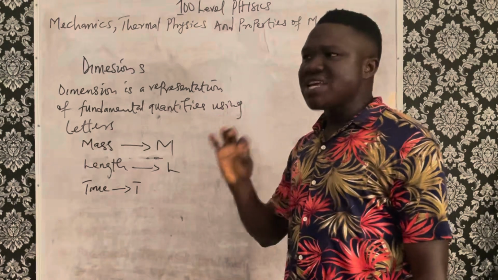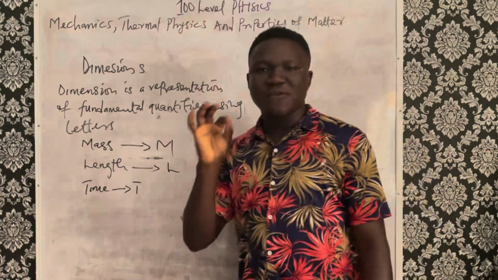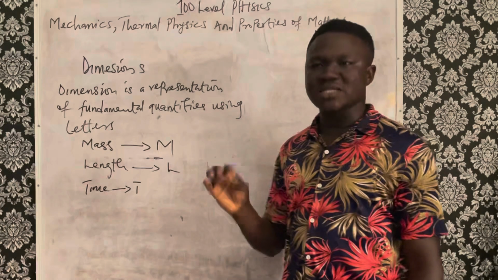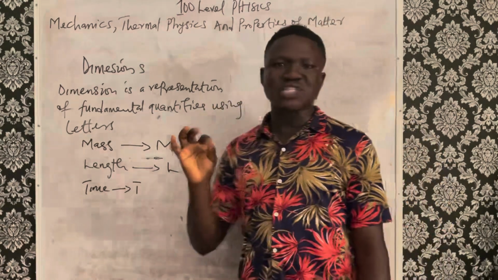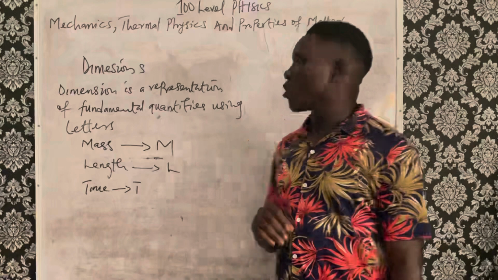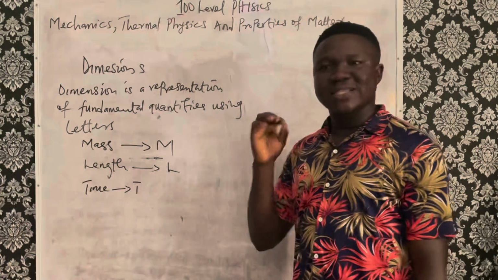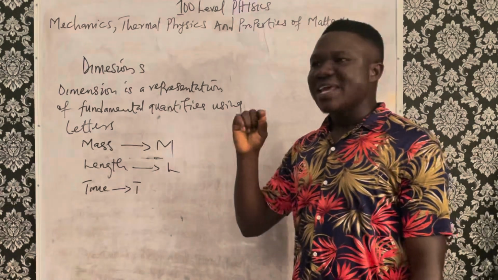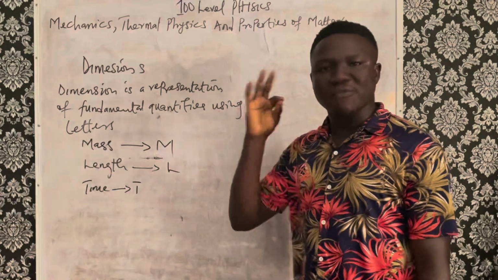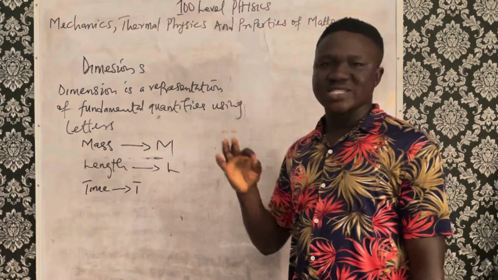Now, for each of the various quantities we talk about, we want to check their dimensions. When we talk about dimension, we are just saying a linear representation of each quantity.